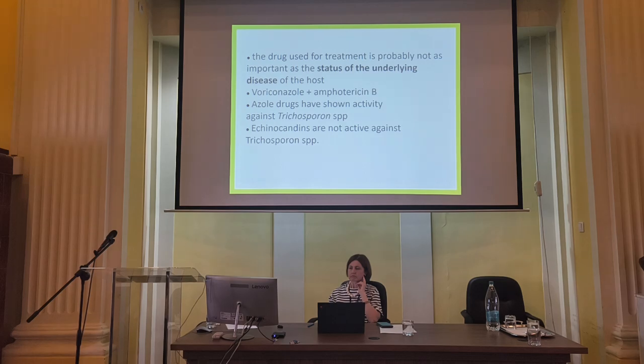Echinocandins are not effective against Trichosporon species, which represents an important therapeutic limitation, particularly in critically ill patients that are initially treated empirically with this class of antifungal drugs. So basically, our patient was not covered with the initial antifungal therapy.